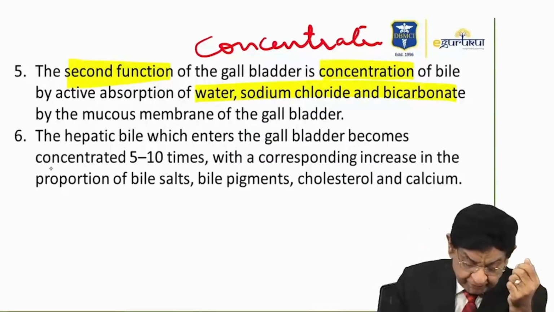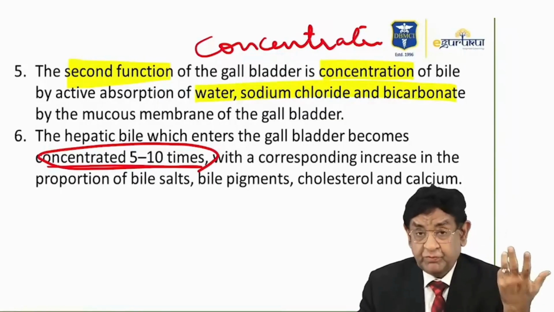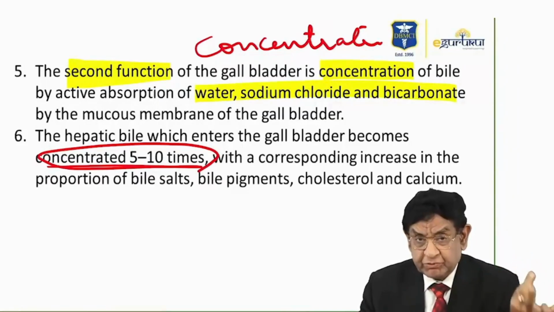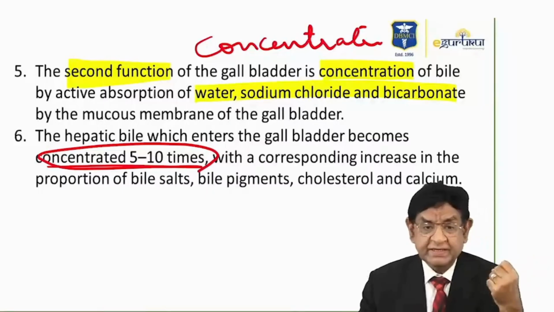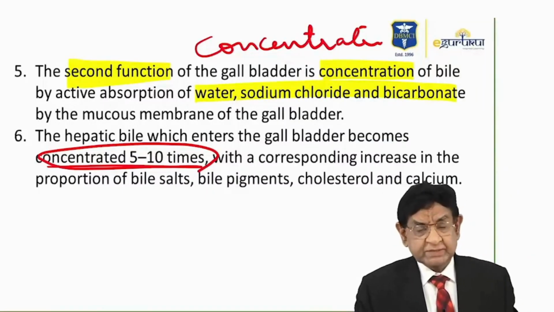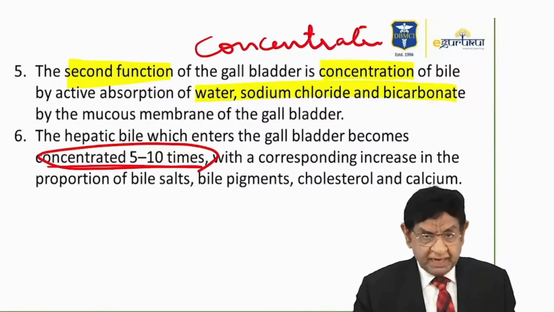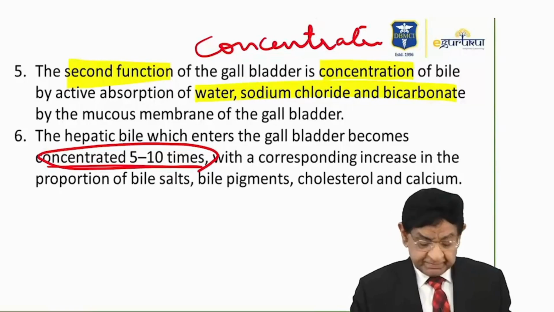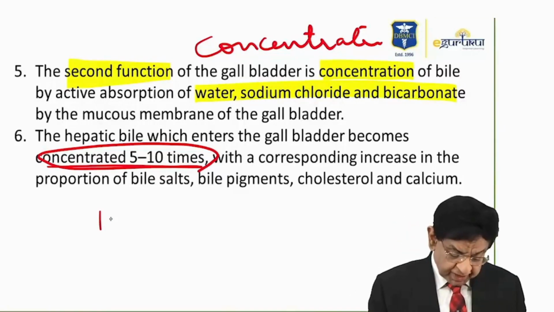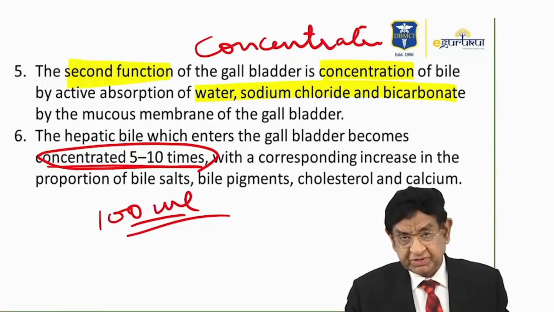How much? 5 to 10 times. If I say 10 times, it means 1000 ml was produced by the liver, and when it comes to the gallbladder it is concentrated 10 times, that is somewhere around 100 ml of bile, all by concentration.